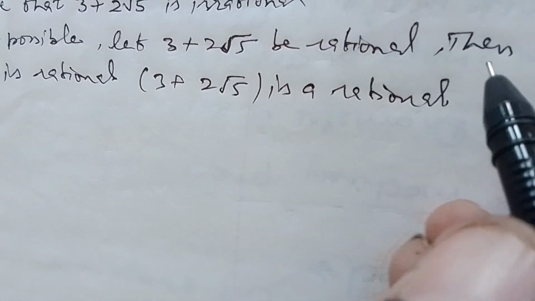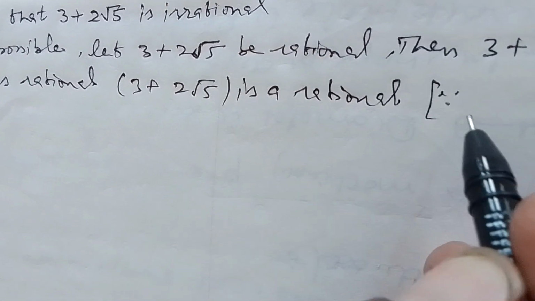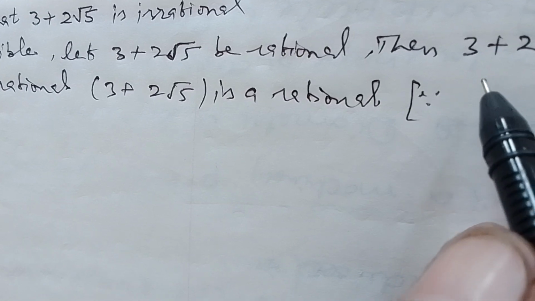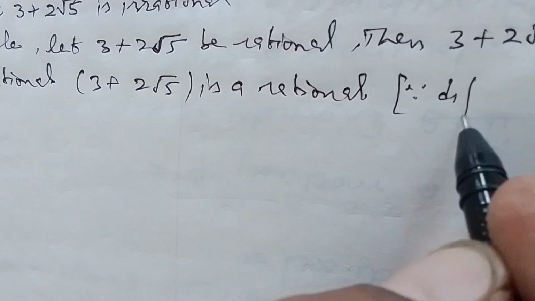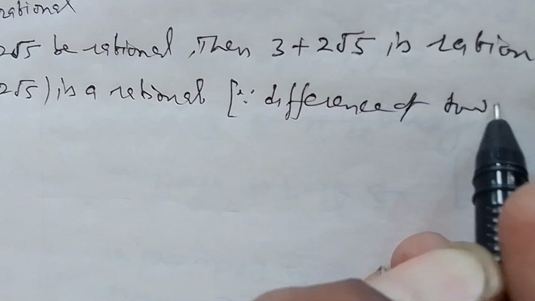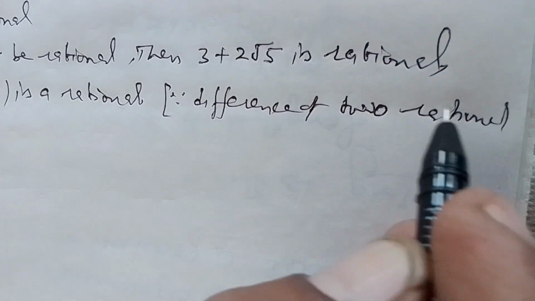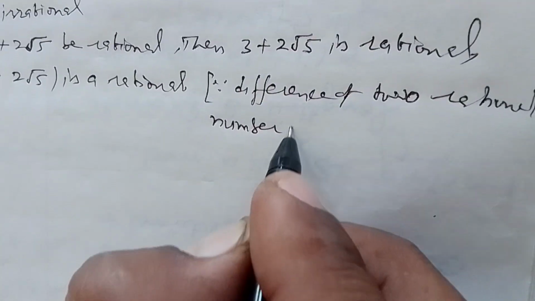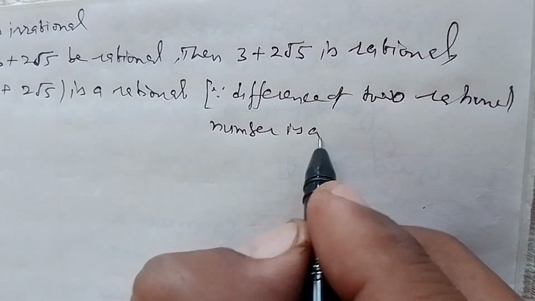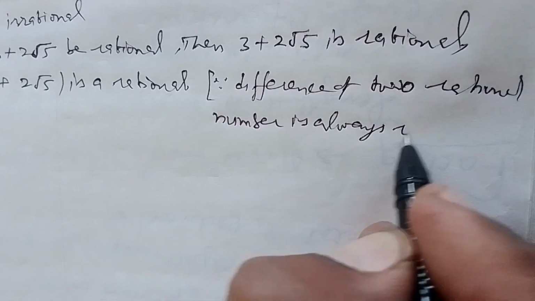Means we can write it as the difference of two rational numbers is always rational.